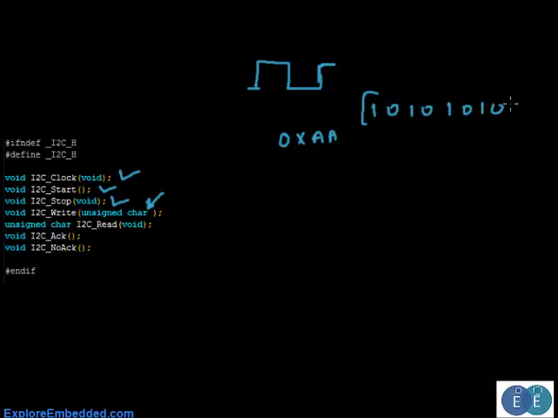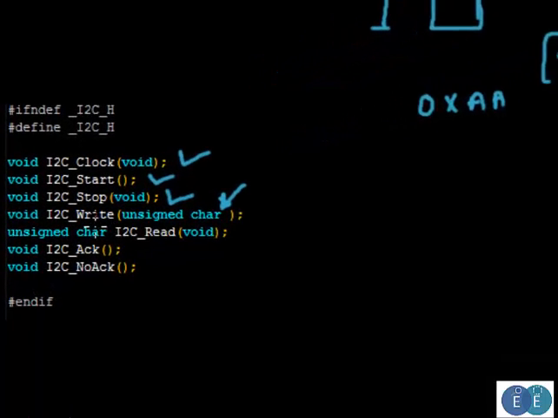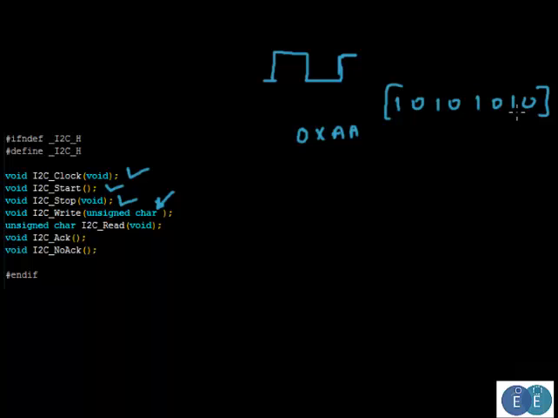This is one character which is given as input. The I2C write function spits out the MSB first. It makes the SDA line 1, and then spits out from the MSB one by one. So the function writes out 1 bit at a time, a total of 8 bits or one character.